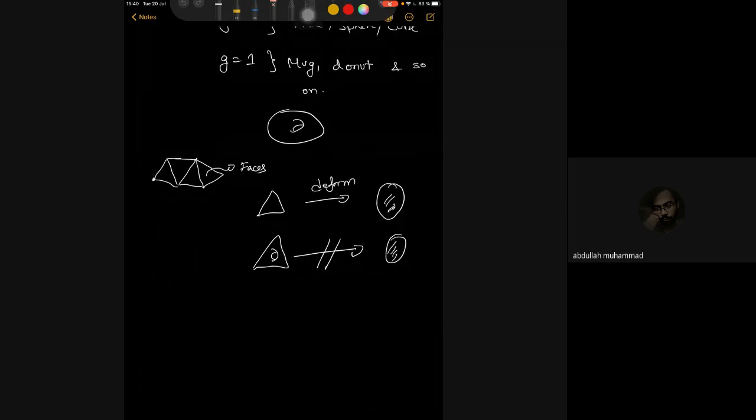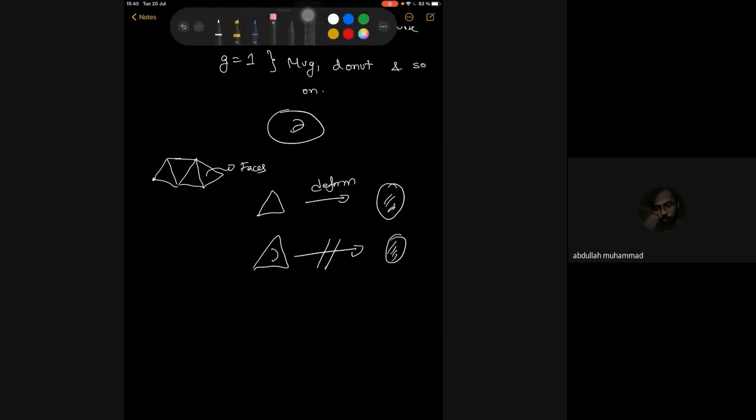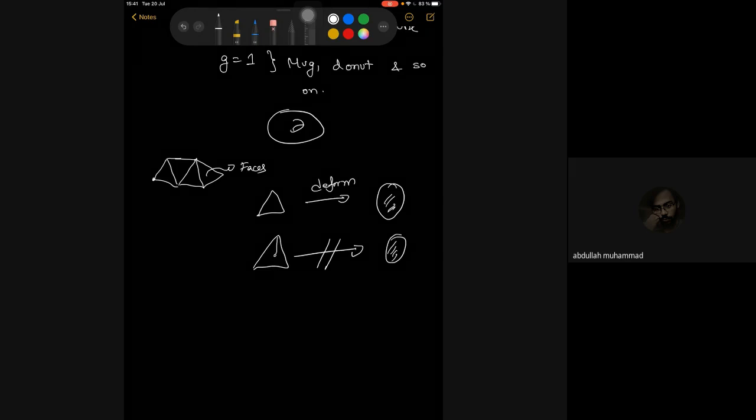Or if there was, say, an intersecting line like this.